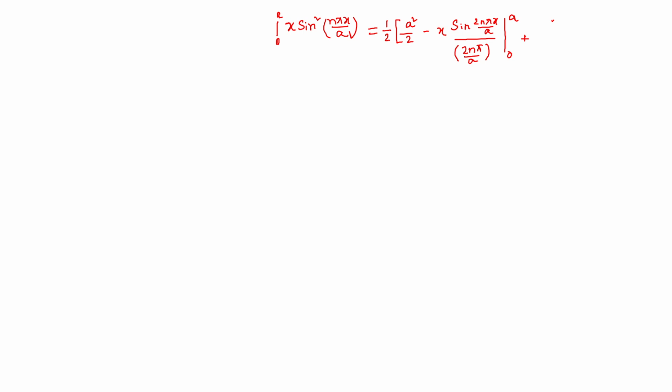This is nothing but my N1 by N2. Now you know the condition that for a successful transition, E2 minus E1 will be h nu, the energy of the photon. E2 minus E1 should be equal to h nu.